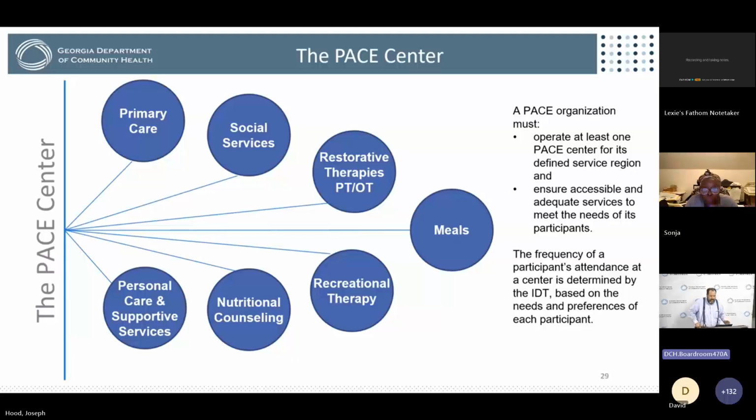So again, a PACE center must operate at least one PACE center as defined by its service region, and it must assure accessible and adequate services to those members that choose to enroll in that service region. The frequency of attendance at a center can be determined by that interdisciplinary team and based on the assessment and plan of care for that member. So this is, again, all those things that the PACE Center would be providing in a visual format.